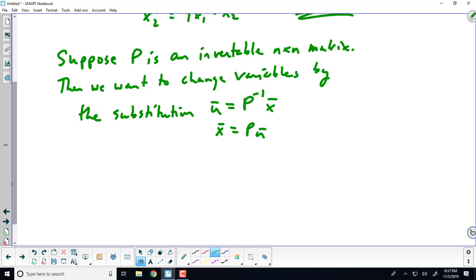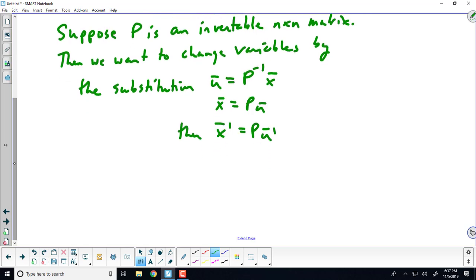So if this is the case, then X bar prime would be P U bar prime. I don't know if that's completely obvious to you or not. I had to work it out myself to see that worked. Okay? But if you're curious, that's true, and if you're curious about that, let me know and I can show you. Okay? So that means we could transform this system.